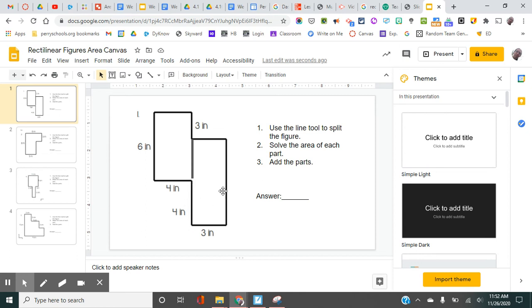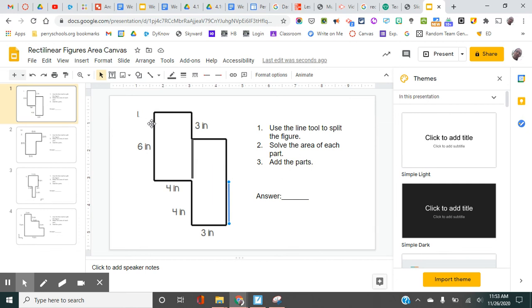Here's 4, right? So from here to here is 4. From about right there, let's put a line on there just so you guys can see what I'm talking about. This is 4. Because I know this is 4, right? This is 4 right here. So this has to be 4. So now how much is this? Well, this is 6. But it sticks out here. And it sticks out 3 inches, right?